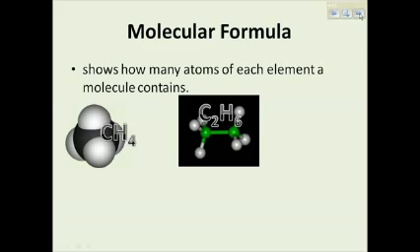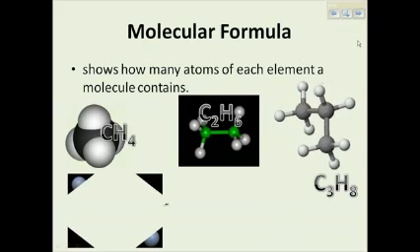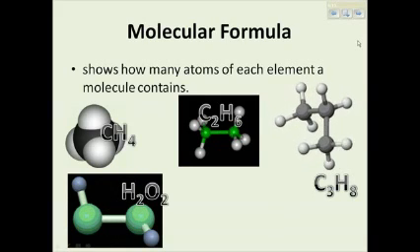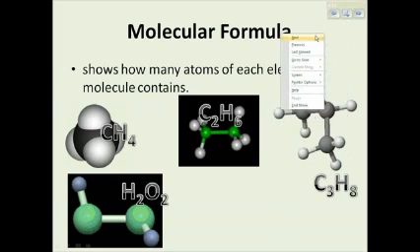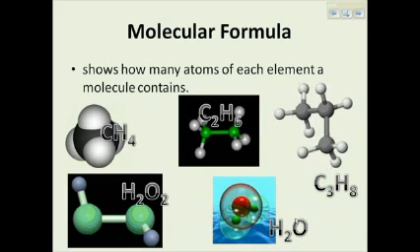Our next one is C3H8, which is propane. In the lower corner, we have H2O2, hydrogen peroxide. H2O is water. So, two very different molecules due to the number of hydrogens and oxygens, the number of atoms.